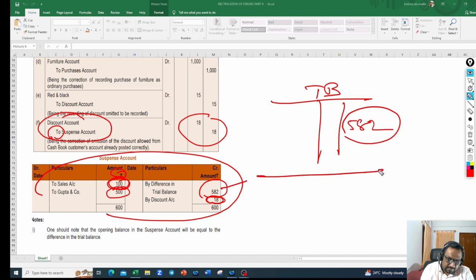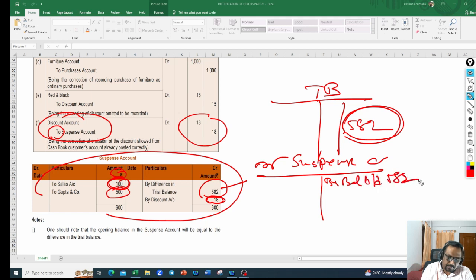Let us say I prepare a suspense account now. Suspense account. Debit and credit. Let us assume, forget about this problem, 582 credit was identified in trial balance. What do you do generally? By balance brought down 582 as an opening balance. Then you debit 100, you debit 500, you debit 18.